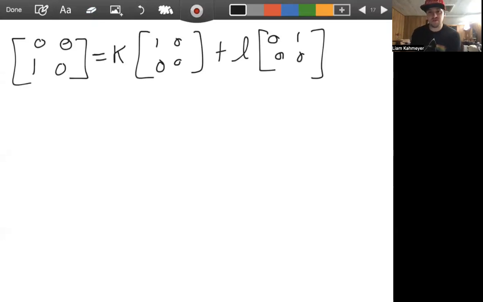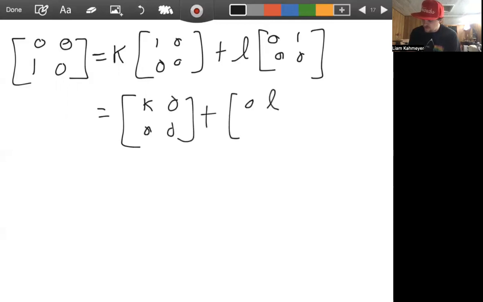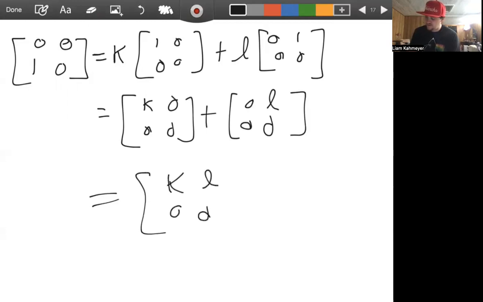We need to show that this does not hold for all k and l, and that would show that the element 0, 0, 1, 0 is not in the span of S, which is the collection of these two. Well, then this is k, 0, 0, 0 plus 0, l, 0, 0, which is k, l, 0, 0.